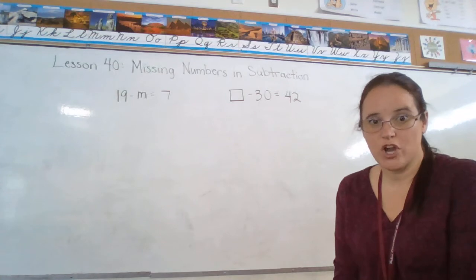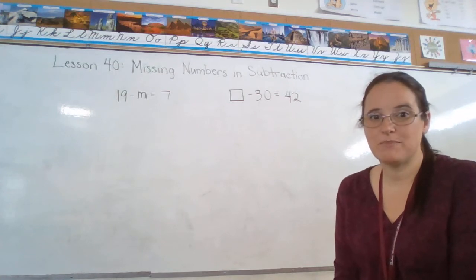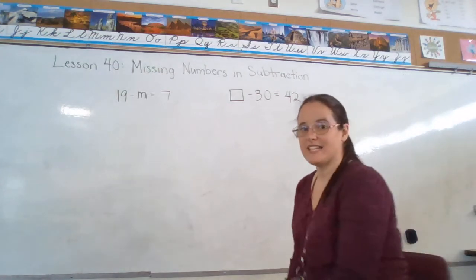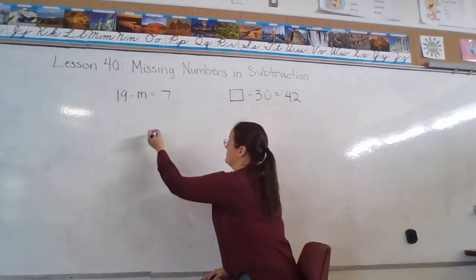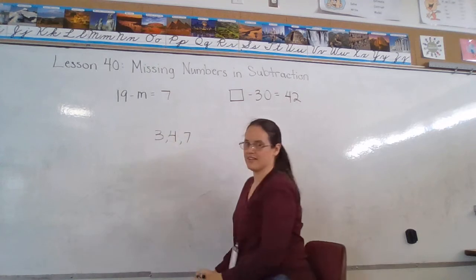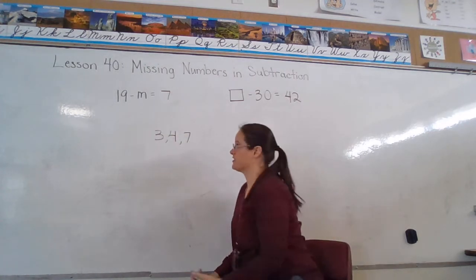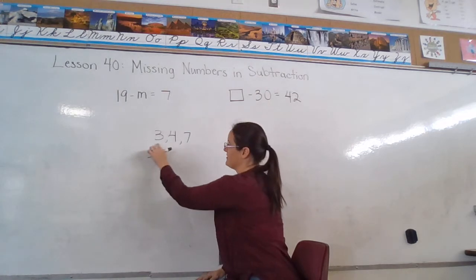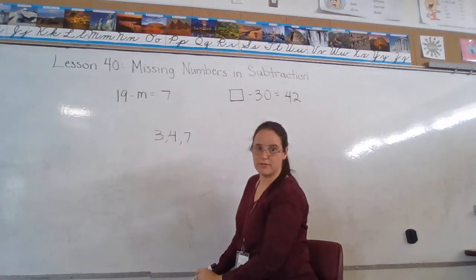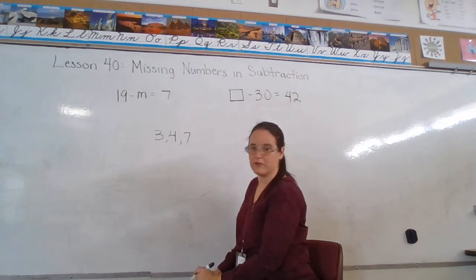So we're going to start with looking at a really simple fact family. Let's create a fact family for the numbers 3, 4, and 7, okay? So we want 2 addition problems and 2 subtraction problems. We know that we have to add the 2 smaller numbers to equal the bigger number.